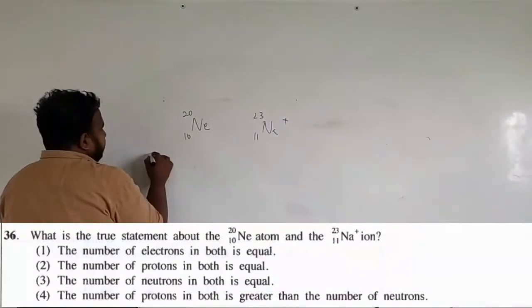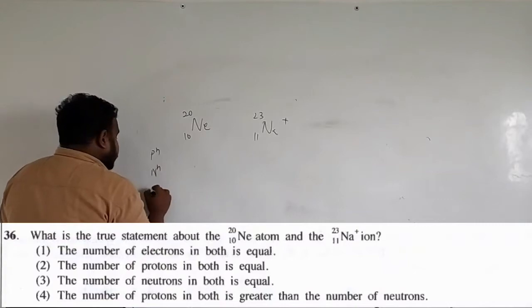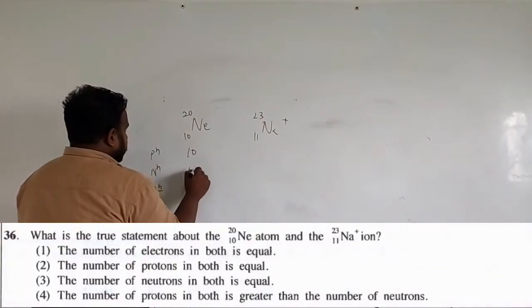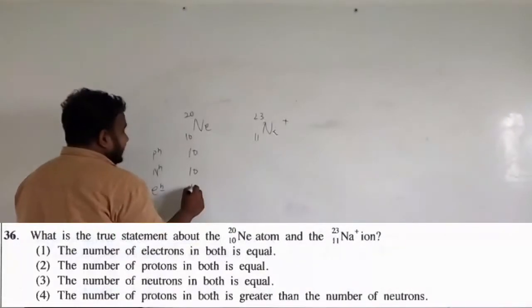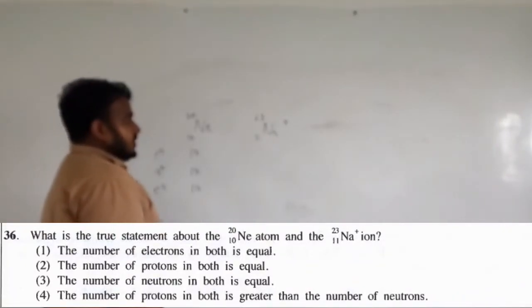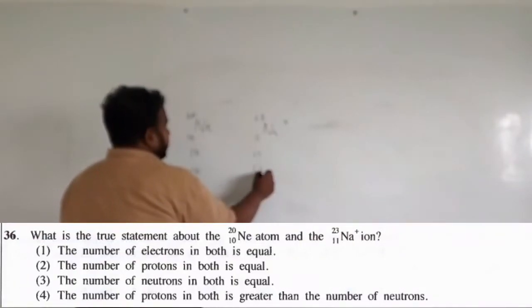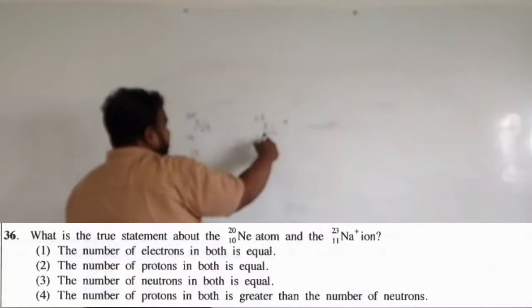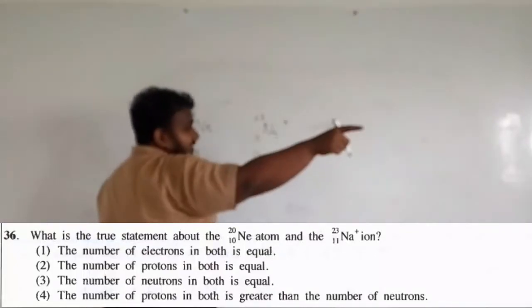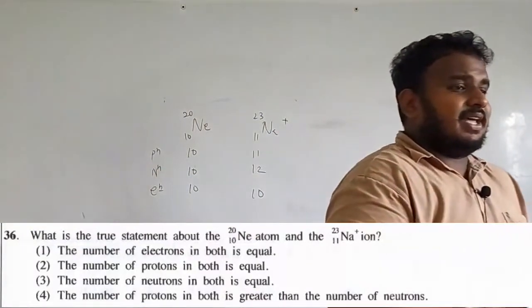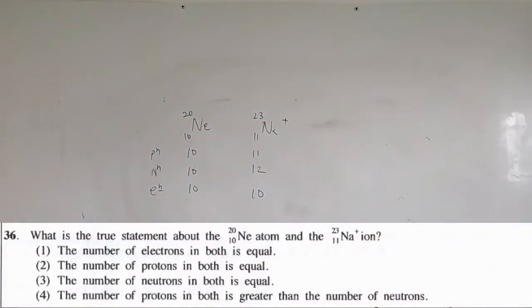If you go for the number of protons, neutrons, and electrons, here the number of protons is 10, neutrons is 10, electrons also 10, there is no charge. Here, protons are 11, neutrons 12, and for electrons there is a plus, so one has reduced, it's going to be 10. So the number of electrons in both are equal. So the first one will be the answer for 36th.